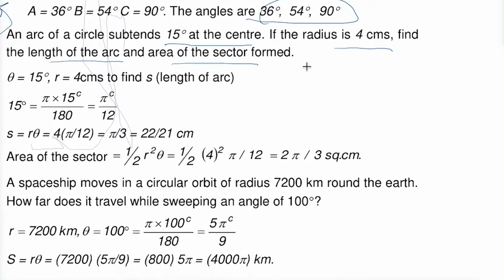In this sum, if I draw a small angle here, this is 15 degrees, radius is 4, and find the length of the arc, which means we have to find L. Theta is equal to 15 degrees, and radius is equal to 4.